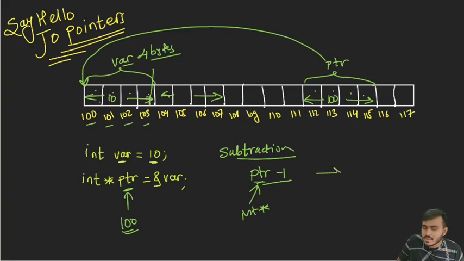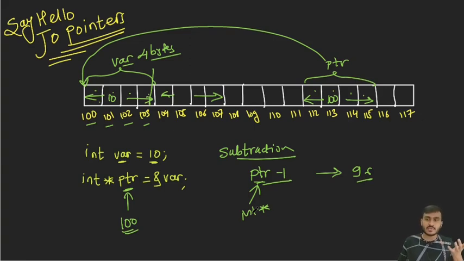So what will be the answer of ptr minus 1? It will be 96. 4 bytes will be subtracted because the pointer is of type int star, and the size of the integer data type is 4. Always remember, whenever we are performing any arithmetic operation, it will always work in terms of the size of the data type to which the pointer is pointing.